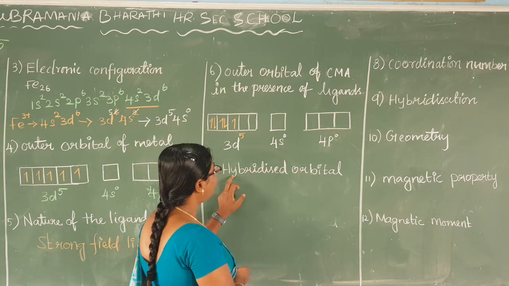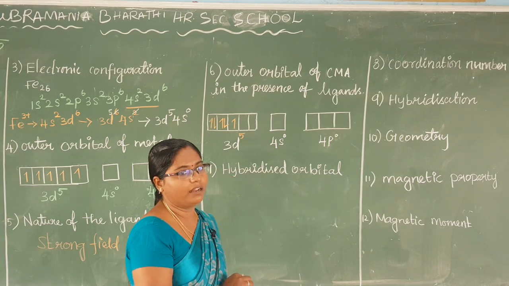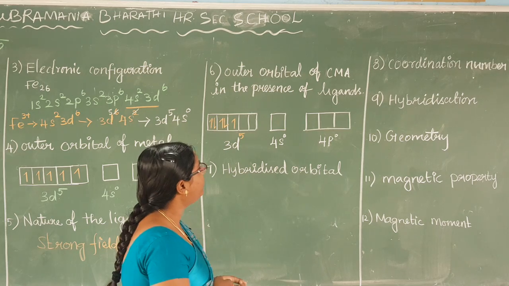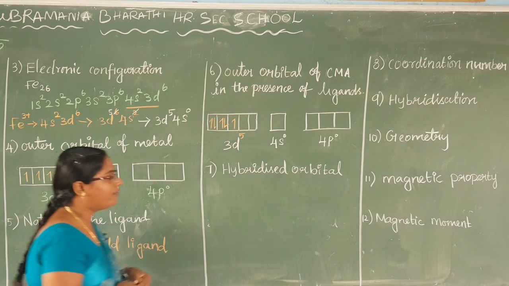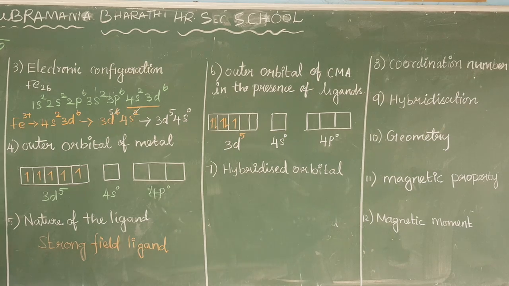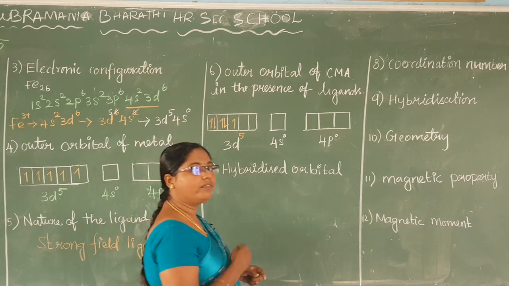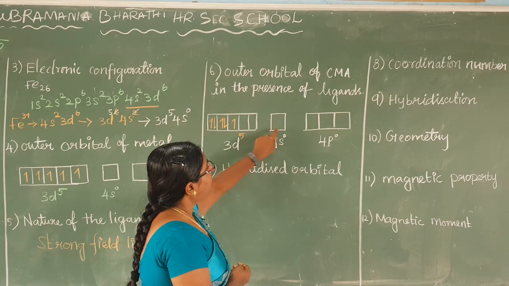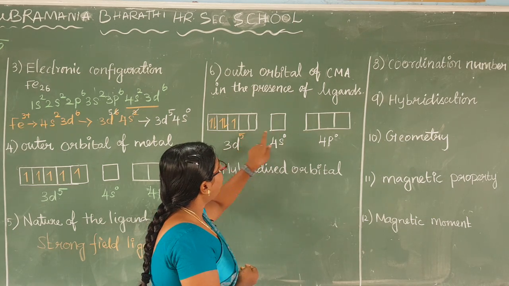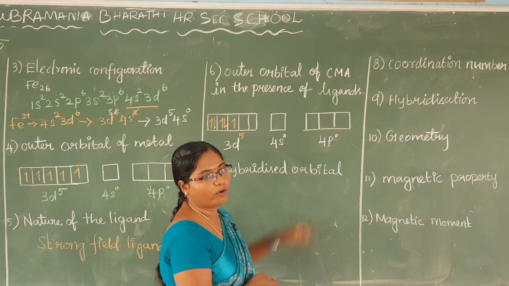Then I have to write the hybridized orbital. How to write it? Since our compound contains 6 ligands, these ligands will donate a pair of electrons to the d orbital as well as the 4s orbital, then the 4p orbital.